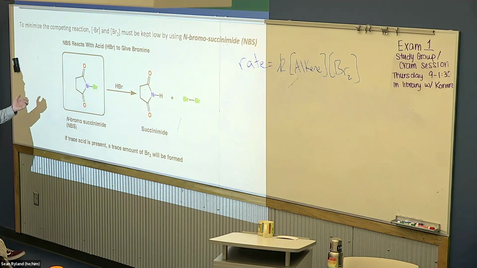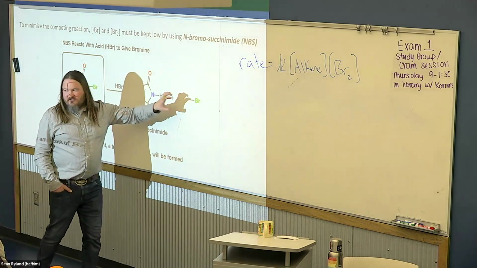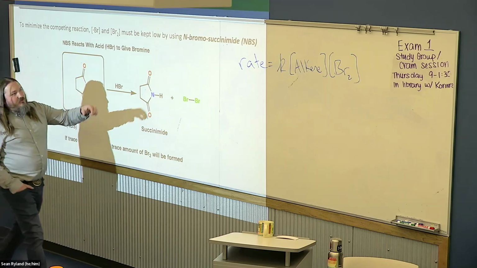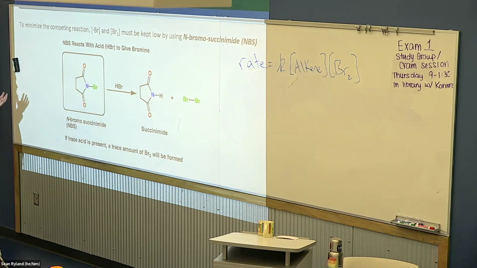Either way, this is going to show us that we can make bromine in small concentrations slowly, which is going to limit our competing reaction, but still give us enough bromine radical that we can expect the radical reaction to happen, especially if we're shining light on this constantly at the same time.